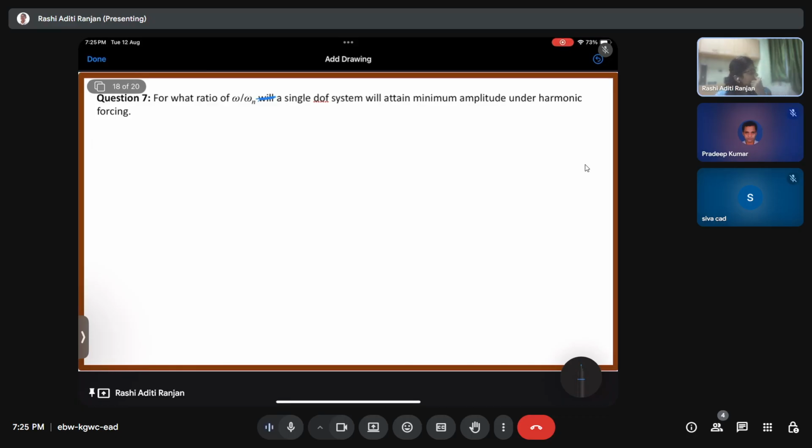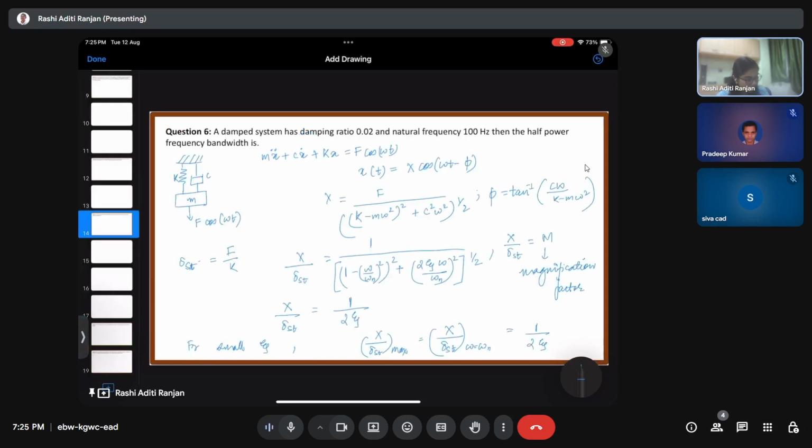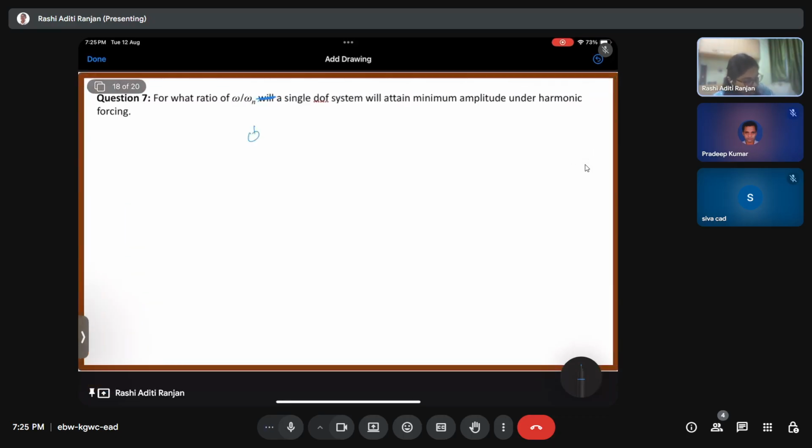So if you remember, in the previous question we found out the relation of phi like this, which was phi equals tan inverse of C omega by (K minus M omega square).